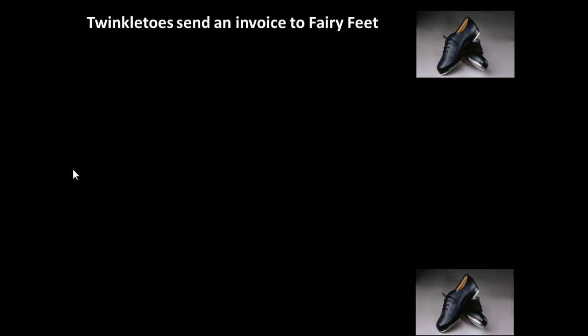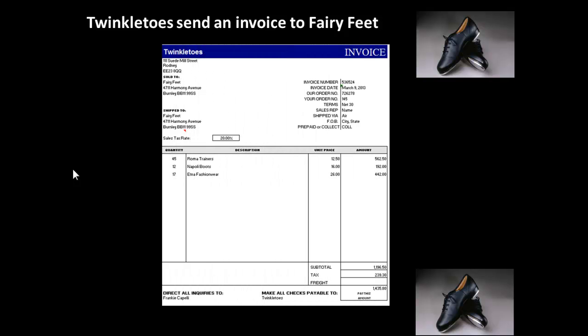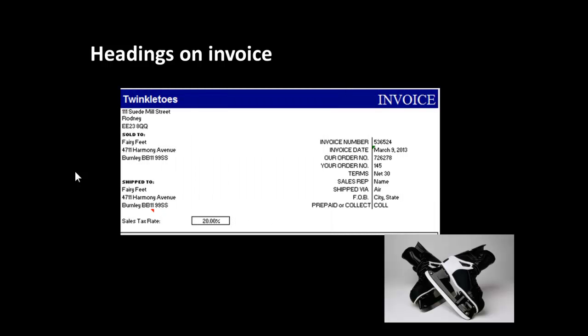So Twinkletoes supply the goods, and then they send an invoice to Fairy Feet. So that's our next document, and this is the important start in the process because this is the one that will be entered to the accounts, the invoice. So let's look at the headings on the invoice.